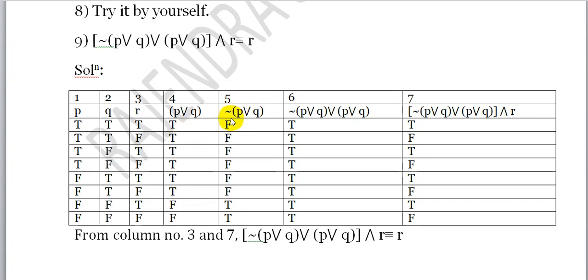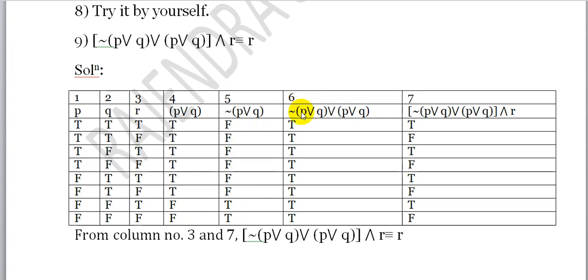In column number 5, negation of PRQ. So what is negation of PRQ? Just the opposite of column number 4. Here 6 times T, so we write 6 times F, and then the last one is FF, so this will be TT, just opposite of column number 4. We get column number 5.